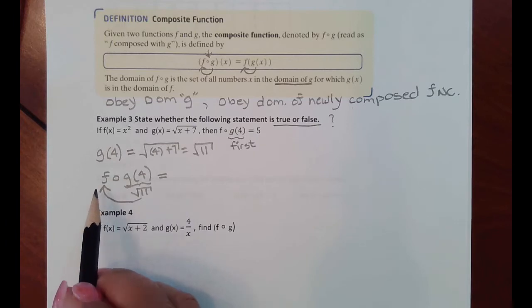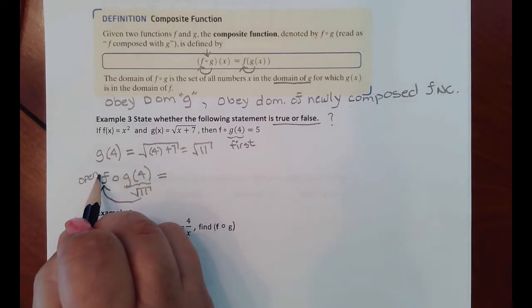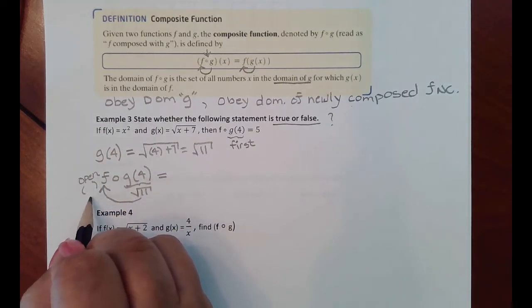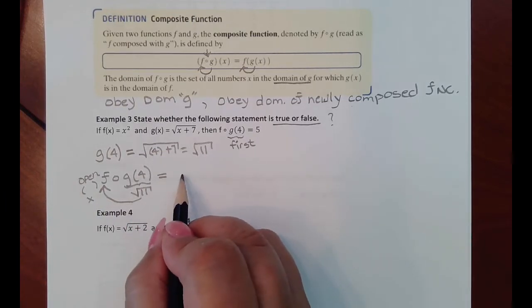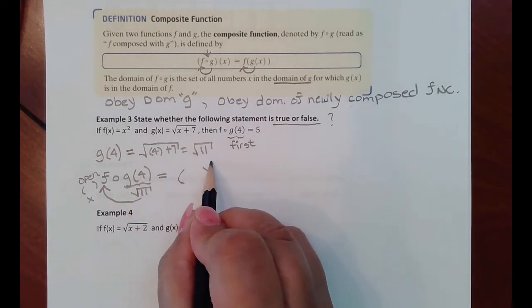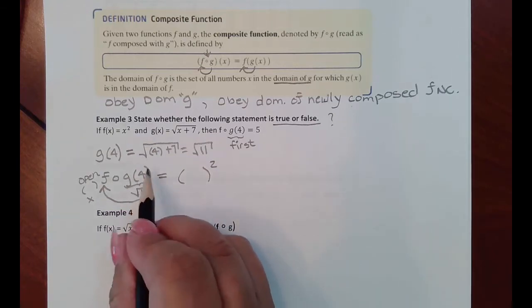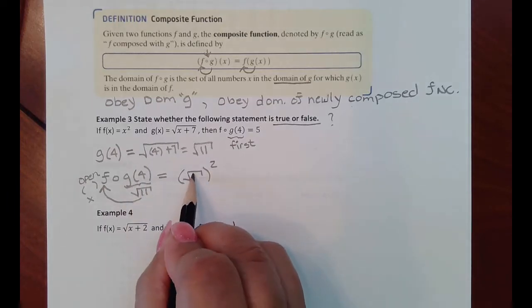Now, if you're going to substitute, you need to open up that f function. In other words, put blank parentheses wherever there's an x. Okay, so in the f function, it's x squared. Now that you've opened up the f function, you can go and plug in the value you got for g of 4, which was the square root of 11.